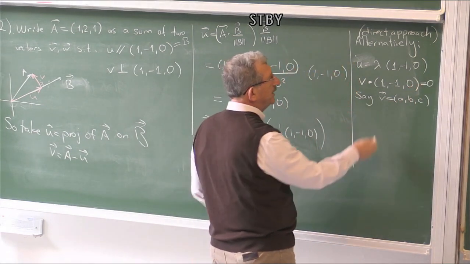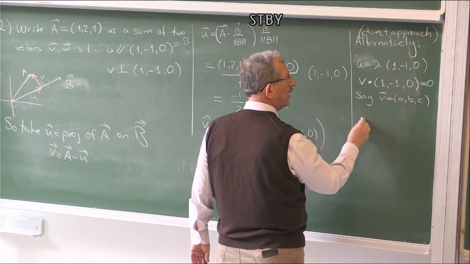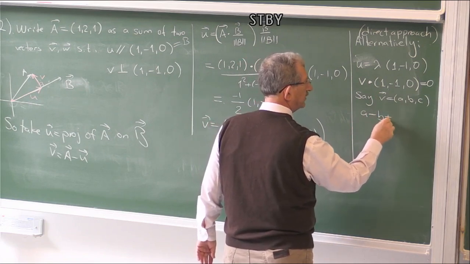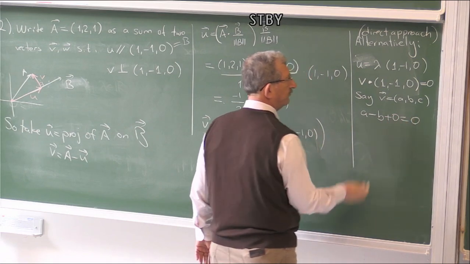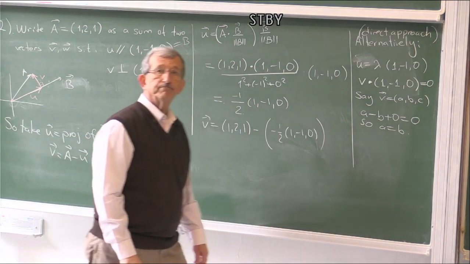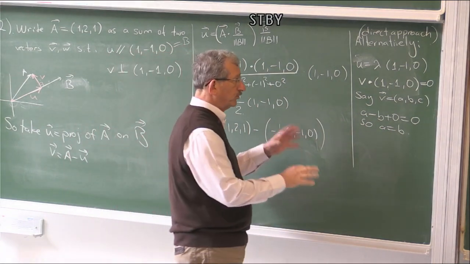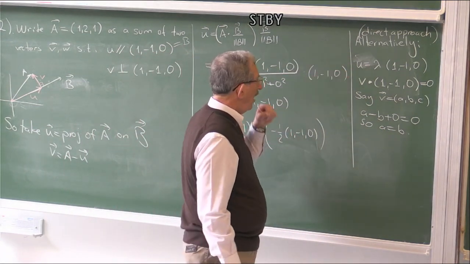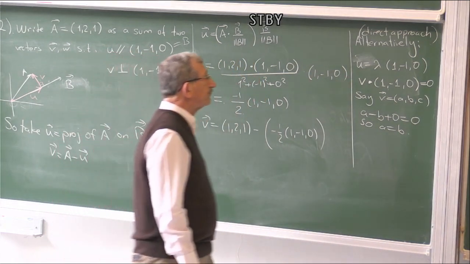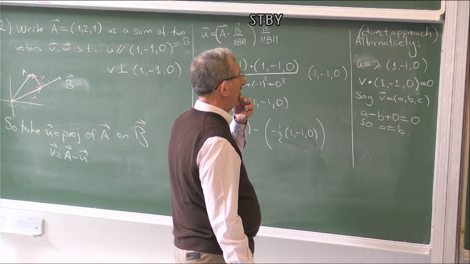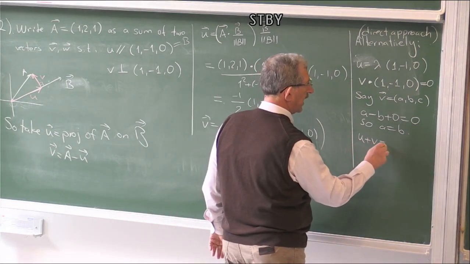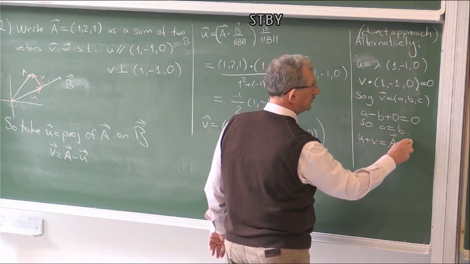Well, what does that mean? Of course, it means that we have A minus B plus 0 is 0, so A is B. Okay, that's the first condition coming from here. Well, secondly, U plus V is our vector, so this is 1, 2, 1.